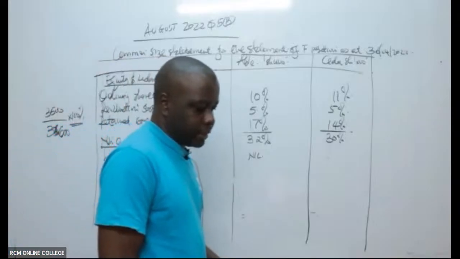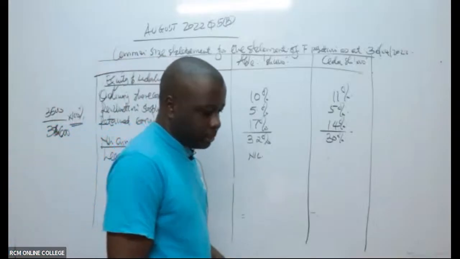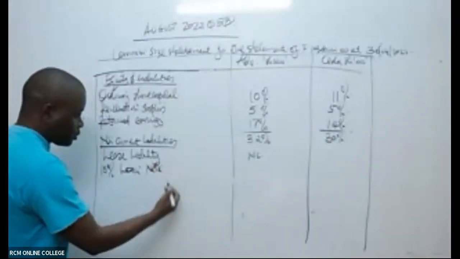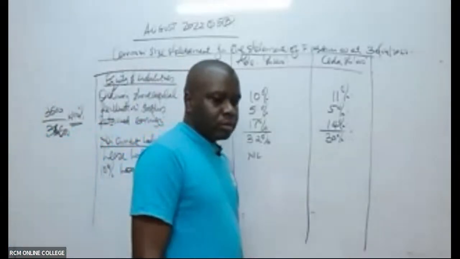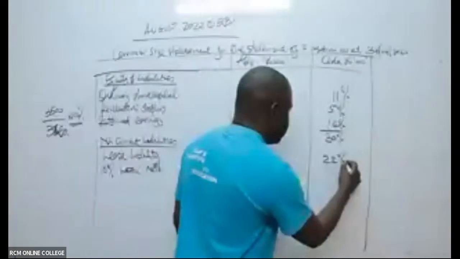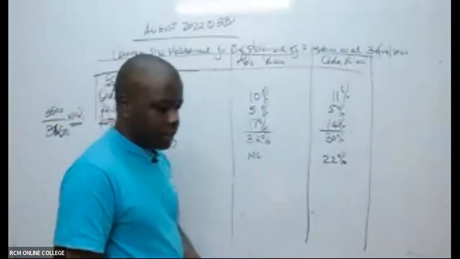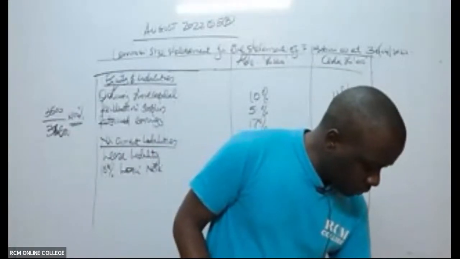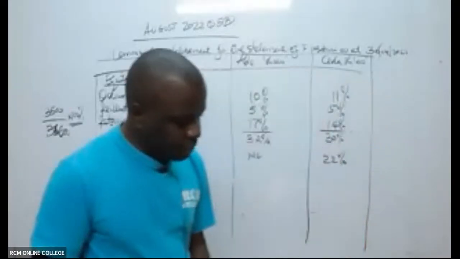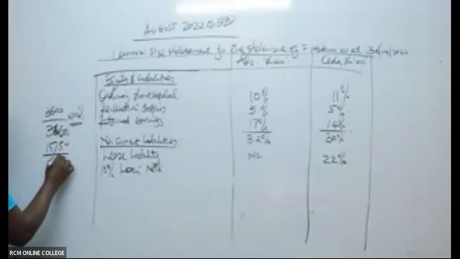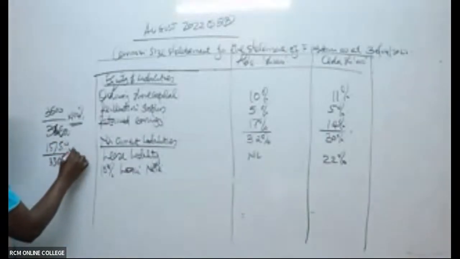The next item is the 10% loan note. So that is 22.1%, averagely 22%. For the 10% loan note, we have 15,750,000 divided by 33,600, multiplied by 100%.